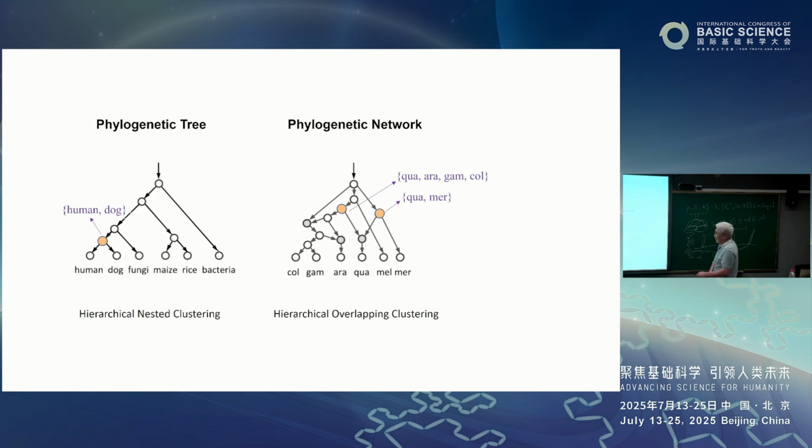Basically this is a hierarchical nested clustering of the species, genomes, or genes. But this one is more general. It's a hierarchical overlapping clustering. That's because of this reticulation node: this one corresponds to this cluster, then this one corresponds to this cluster, and they have a common species.